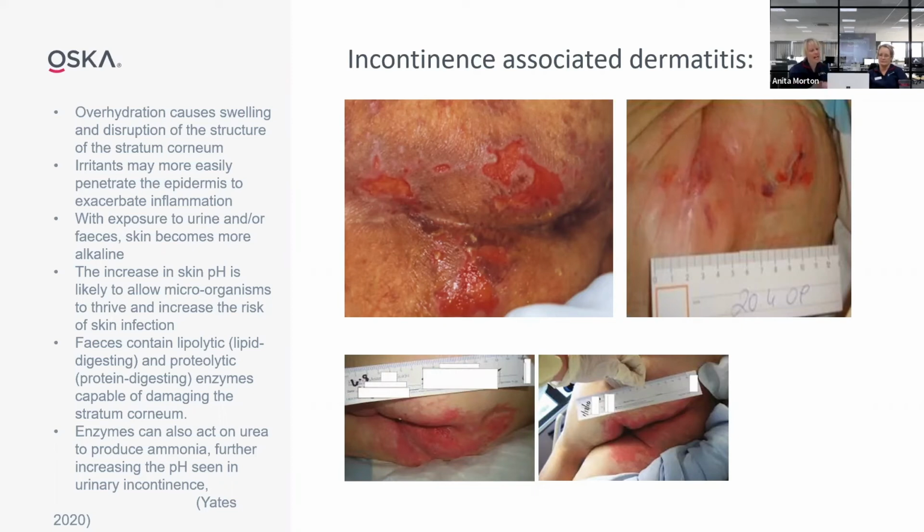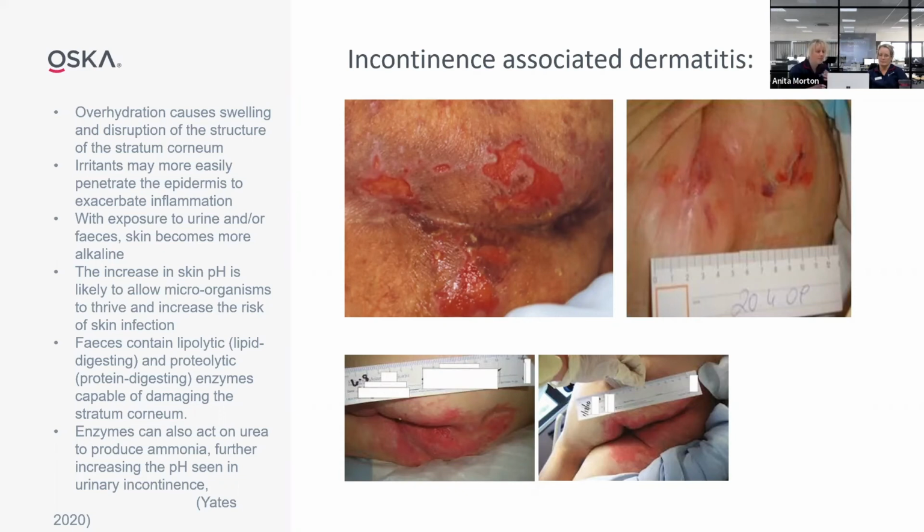So we need to be thinking, how can we protect the skin from this? Because ultimately this could increase the risk of pressure damage, because the skin at that point is very vulnerable. And also what we find is that we find all of this moisture damage from incontinence-associated dermatitis all around the bottom, the sacral area, and that obviously is one area that can be at risk of real severe damage.